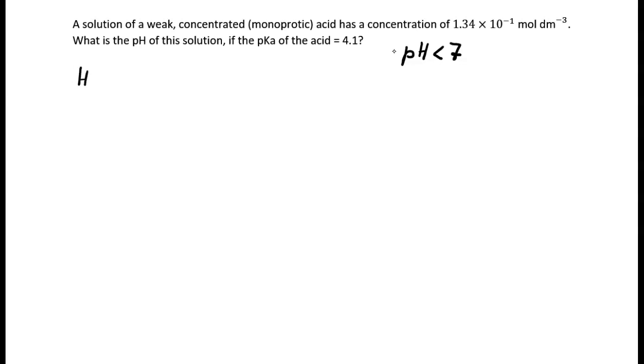So let's say this is our acid, and this acid dissociates, and I write it as an equilibrium here. It dissociates into the protons plus the conjugate base. But unlike a strong acid, the weak acid only dissociates to a small proportion.